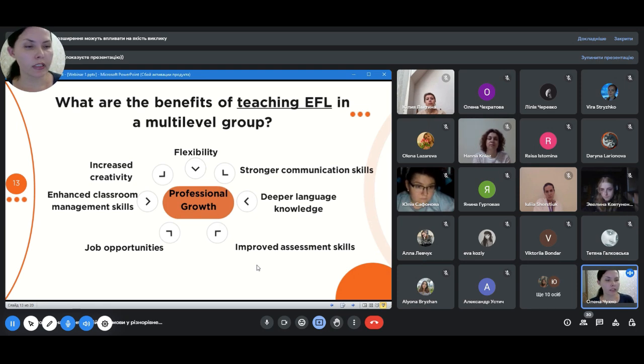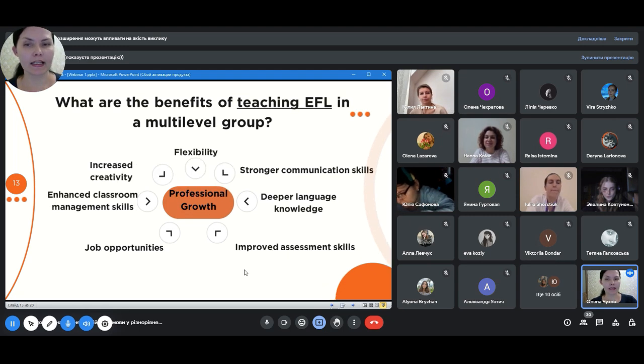We develop our flexibility because we need again to adapt and provide for all levels of students in one class. And finally, I would say that it also gives us a chance to find maybe a better job. We have more job opportunities because we become more professional.